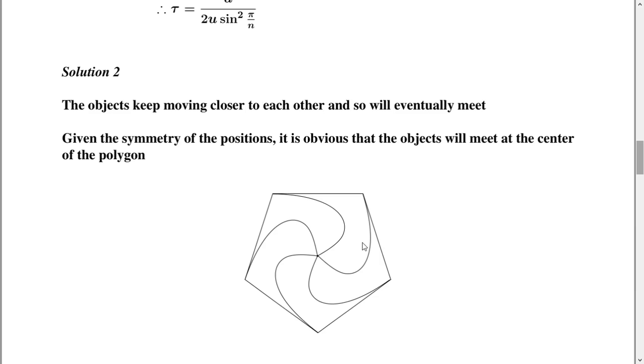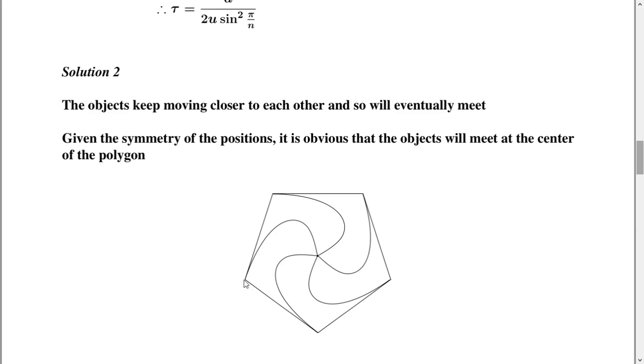They can't be meeting anywhere else because no single object is more special than any of the others. Also, the center of the polygon is a fixed point. It's static, and therefore one of the two objects between which you are finding the velocity of approach is static. It makes your problem easier.